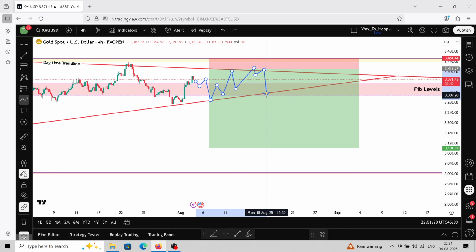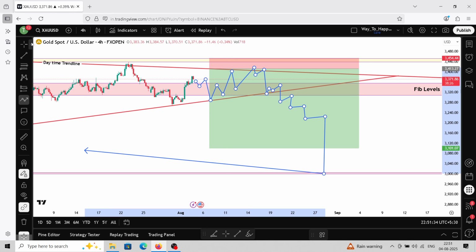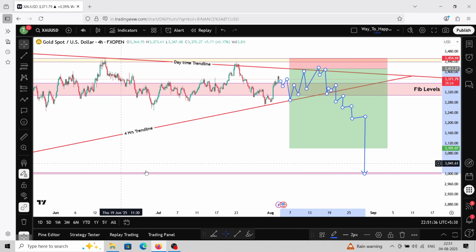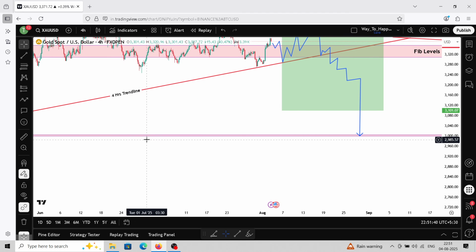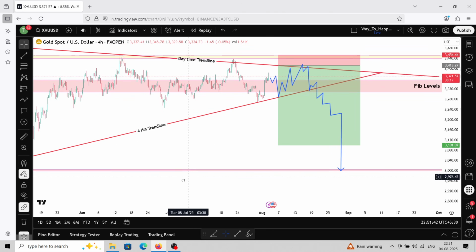It will try to go up, but it actually will not go up. It will break this, and then keep falling like this. Once it breaks this, the below target can be bigger also. So yes, I'm looking at gold on the short side.